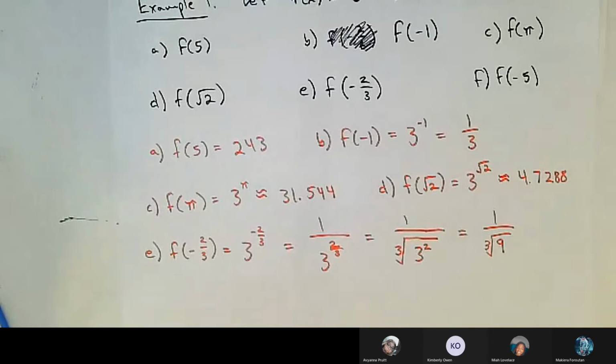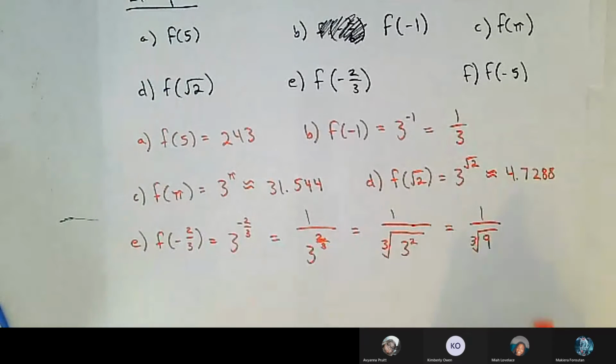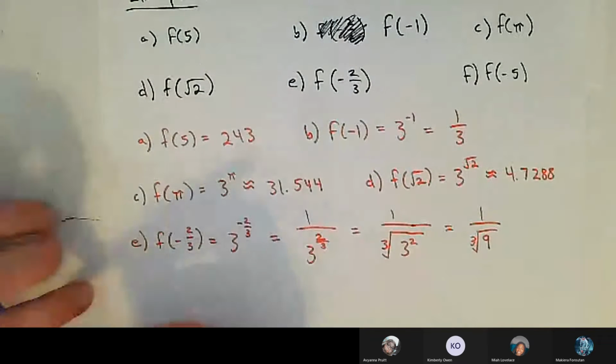When I say it can't be simplified, I mean you can't do anything else with the 9, you can't pull anything out. I can get an approximate answer for this if I want, but this is a nice clean way of writing it. This is an exact way of writing this output. Notice that it's still positive.